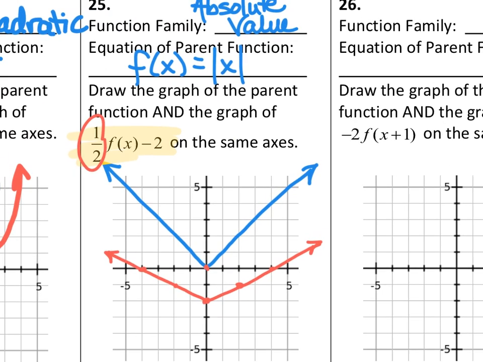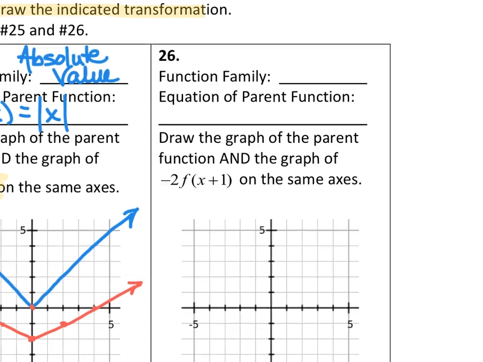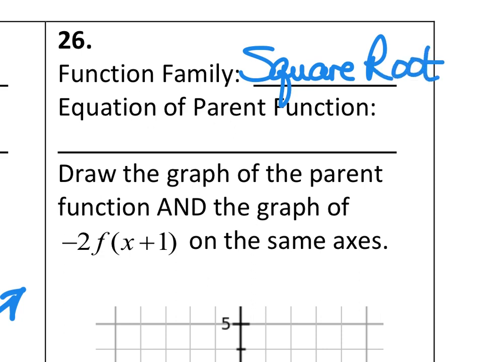And then in the third one, I'm going to do the square root function. You might want to do all three of them, quadratic or absolute value. Those I think are the easiest to see the transformations. But I'm going to do the square root function family. Remember that the square root function is the only one with an endpoint.